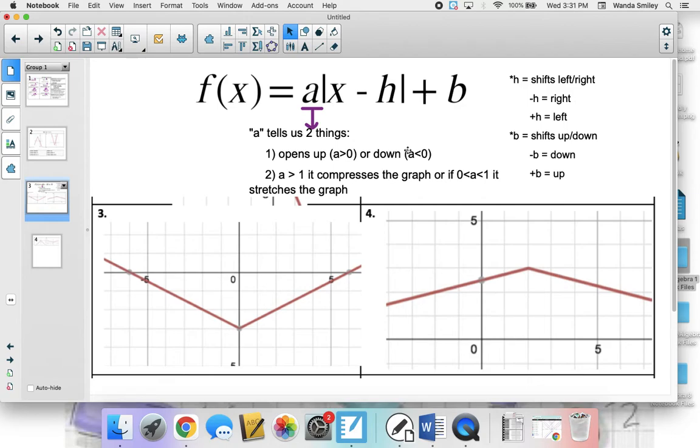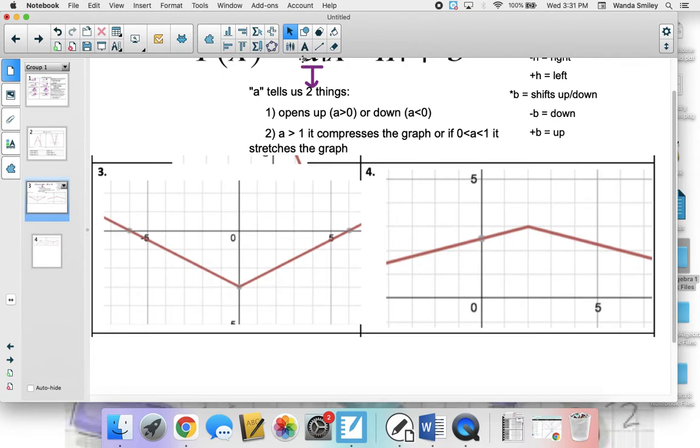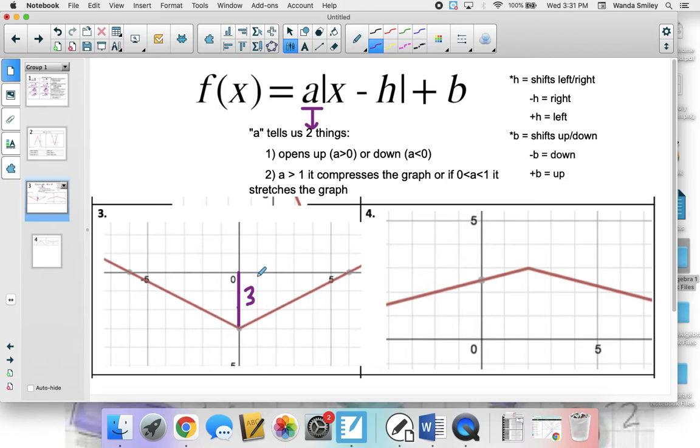So those problems in your homework are the problems that you might not be able to do. So for number 3, we see that the whole entire thing is shifted down 1, 2, 3 lines. Okay? Oh, I think I messed up and wrote this on the wrong page.